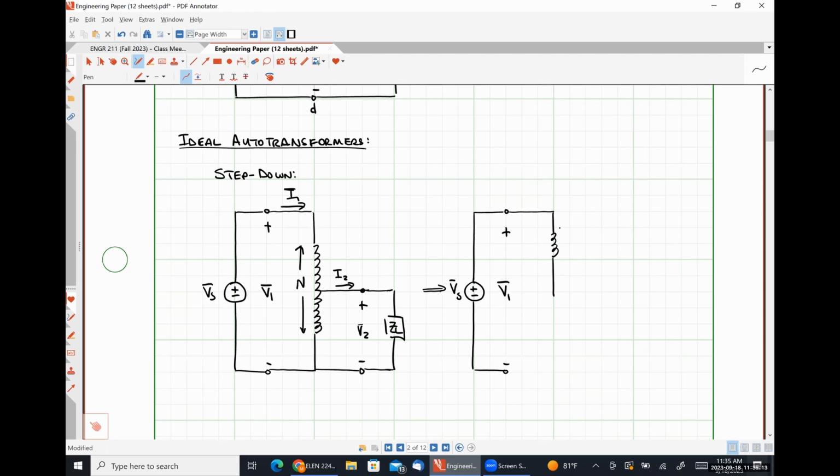So this is our first coil. I'm going to put the dot here, and it will have N1 turns. This is going to be our second coil. I'm going to put the dot here. This will be N2 turns.